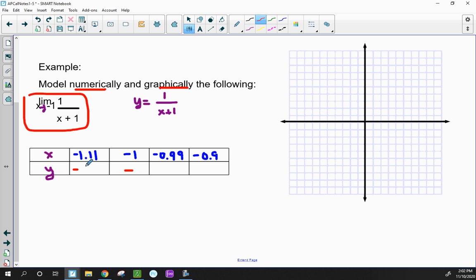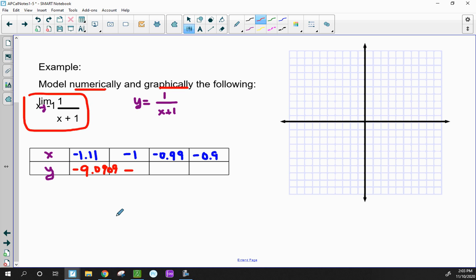I ended up getting negative 9.0909. Remember my comment from the past, when you are rounding decimals, always make sure you give me 4 numbers after the decimal in calculus.